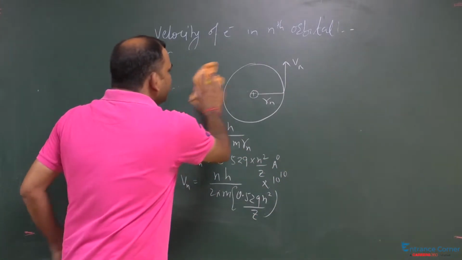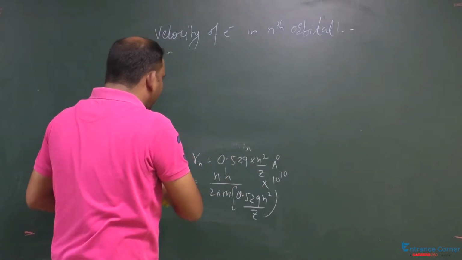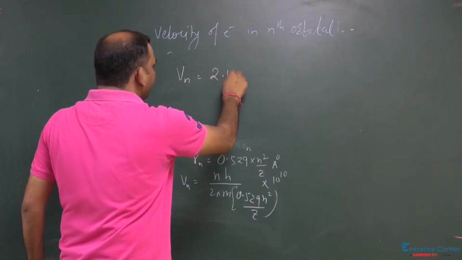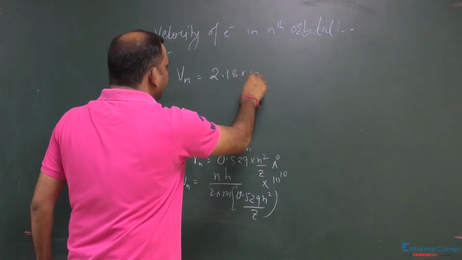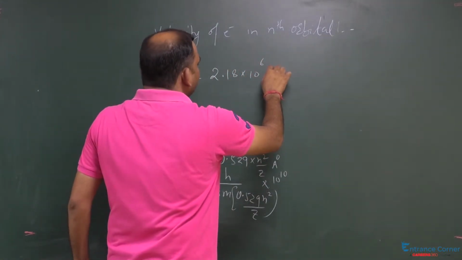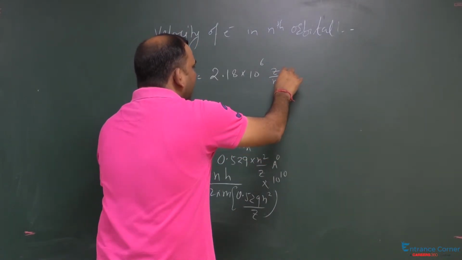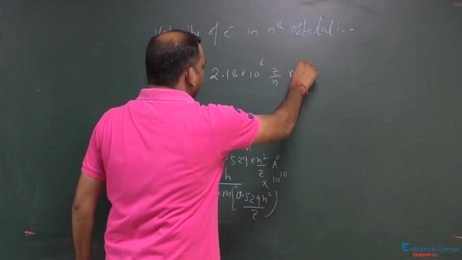Then putting all these values, we can calculate Vn is equal to 2.18 into 10 raised to power 6 Z by n meter per second.